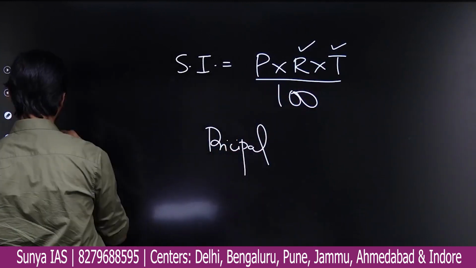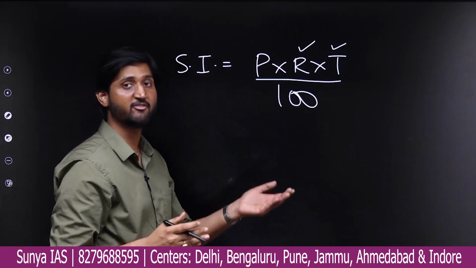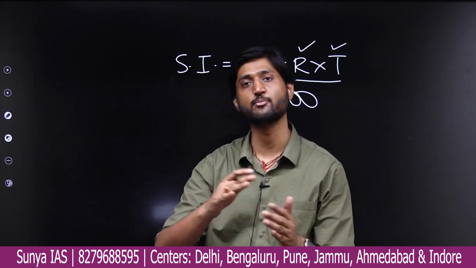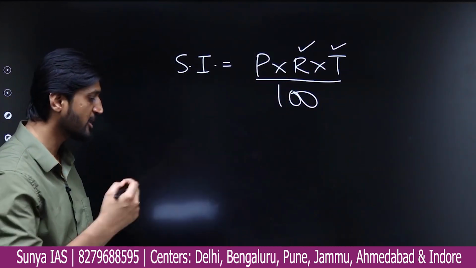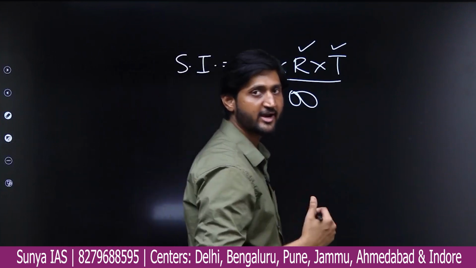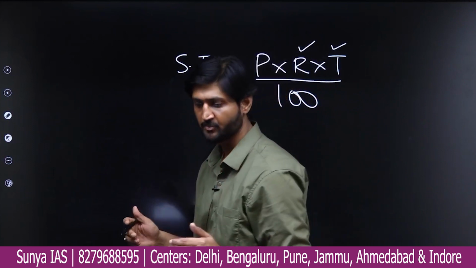Now let us talk about compound interest. So compound interest is actually the real behavior of money, the way money actually behaves. So money has the nature of compounding. In compound interest, suppose you are lending some money for the first year, you will get interest for it.